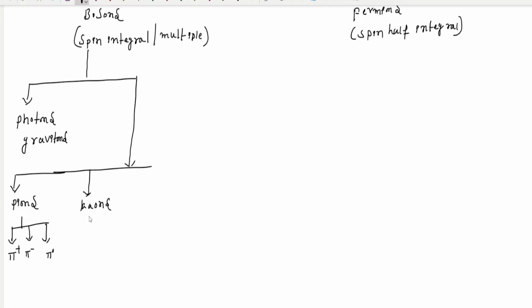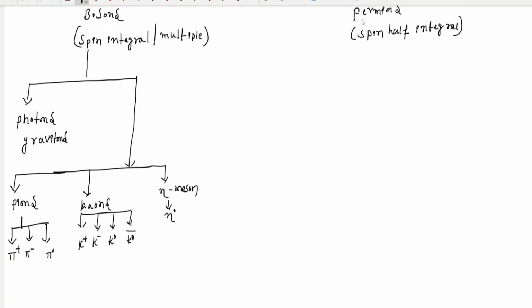These are divided into four types: K plus, K minus, K naught, and its antiparticle. And next, the eta meson.